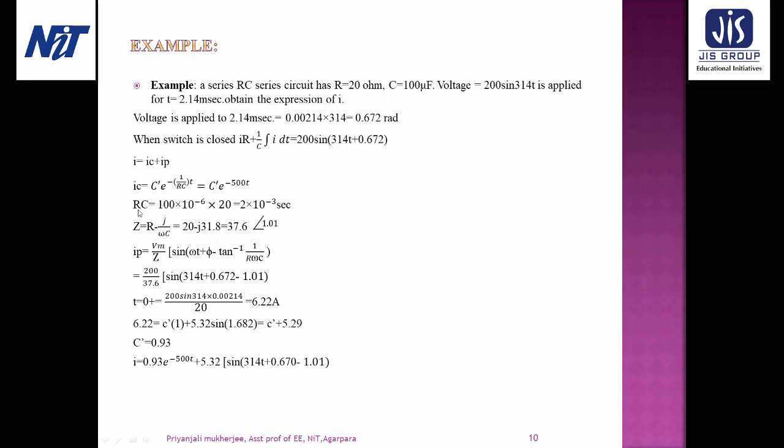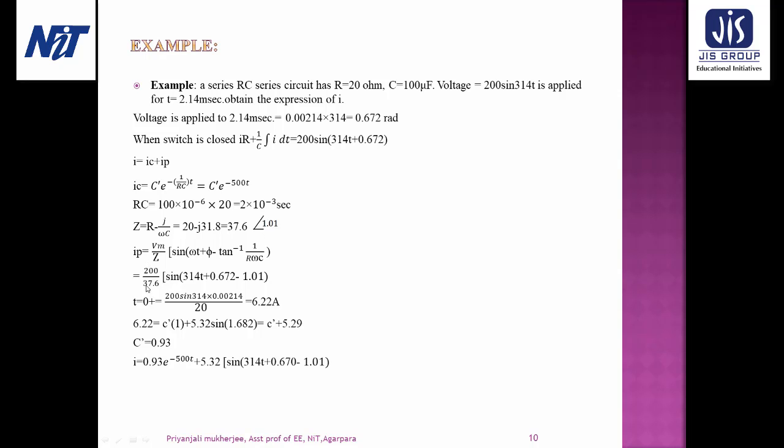Next, we have to find the impedance, which is equal to R minus j by omega C, and by putting in the values, the impedance is 37.6 angle of 1.01. So the i_p current is equal to Vm divided by the impedance into sin(omega t plus phi minus theta), where theta is equal to 1.01.